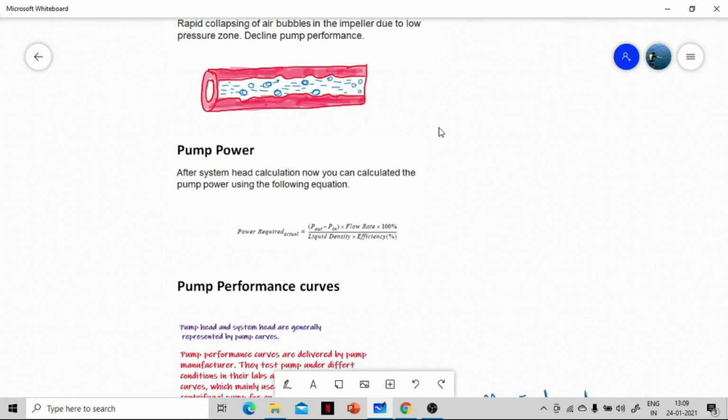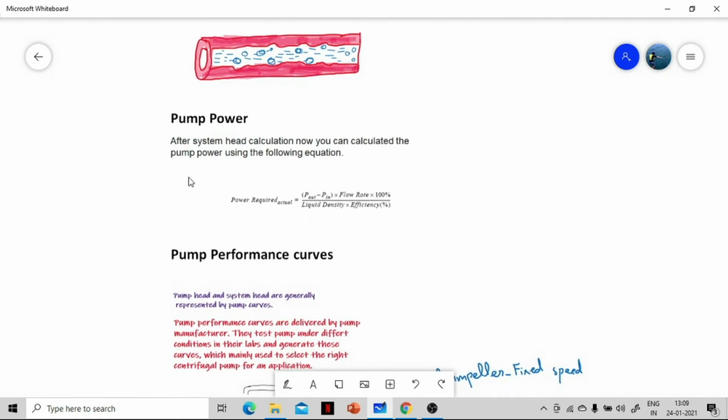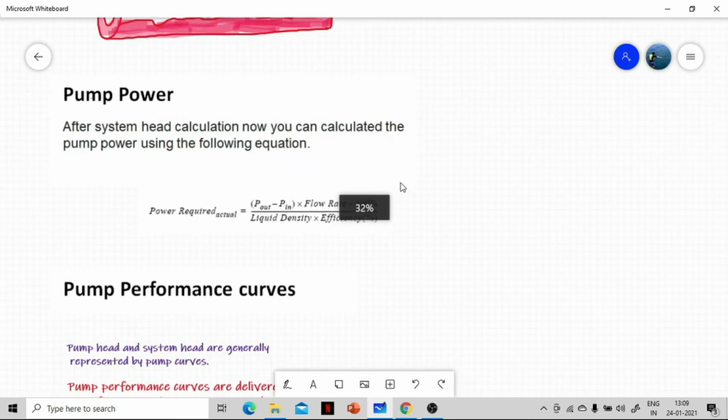So using the total head after the system head calculation, now you can calculate the approximate pump power using the following equation. The actual power required for pumping a particular fluid is equal to the outlet or discharge pressure minus suction pressure, multiplied by flow rate, divided by the liquid density multiplied by efficiency.